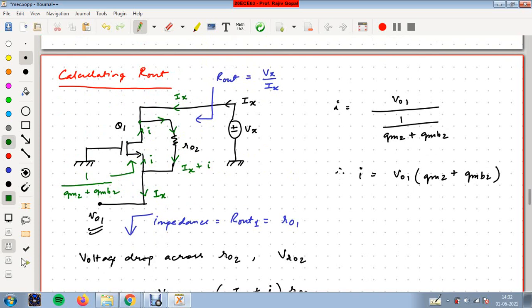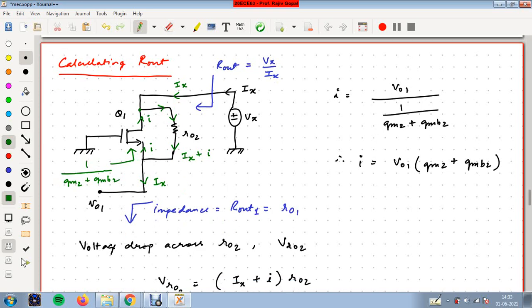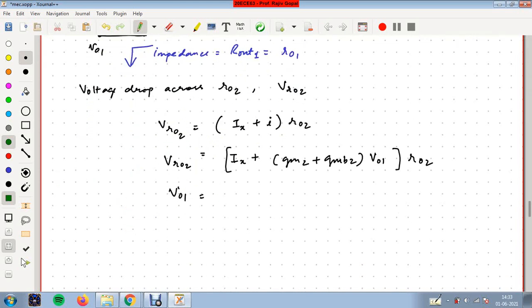Okay, so if I multiply this Ix with this impedance, then I will get V01, right? So here I will write V01 as Ix into R01, okay, which is the same as Ix into R01.